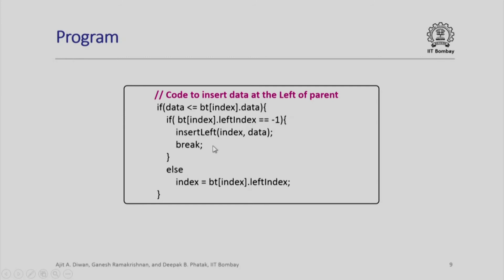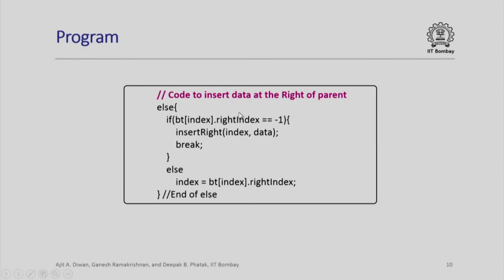At that point, we invoke the function insert left with this data. If not, then we set index to the left index and again start doing exactly the same thing, and that is because we need to traverse the tree till we find a proper place to insert the new data element.